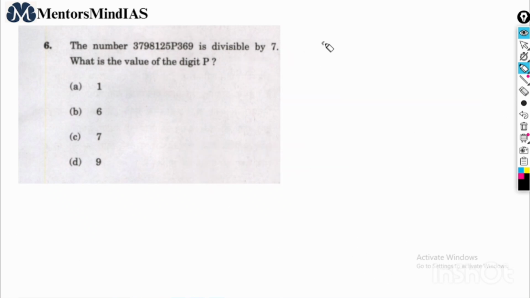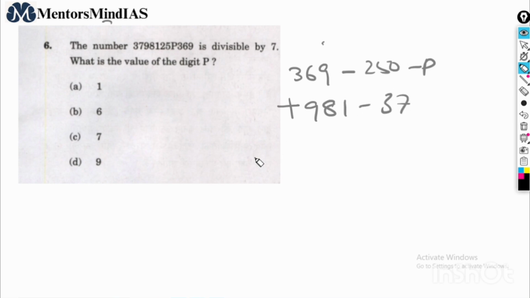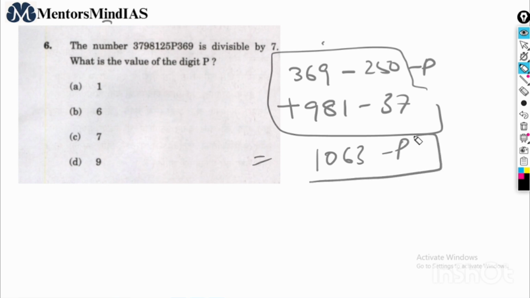So basically it is 369 minus 250 minus P plus 981 minus 37. When you solve this, you get 1063 minus P.